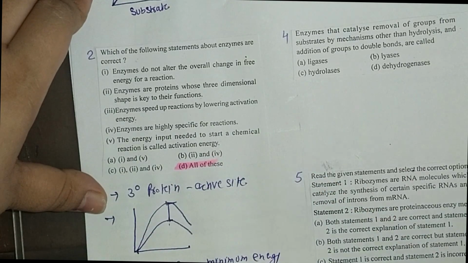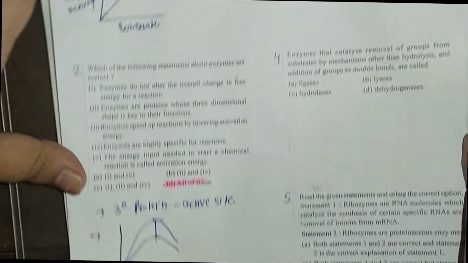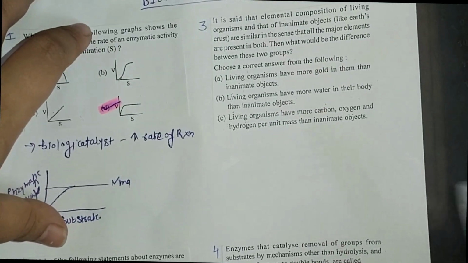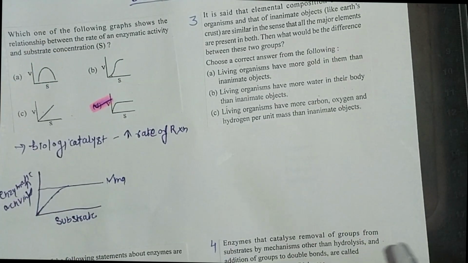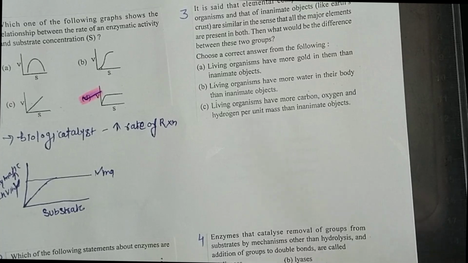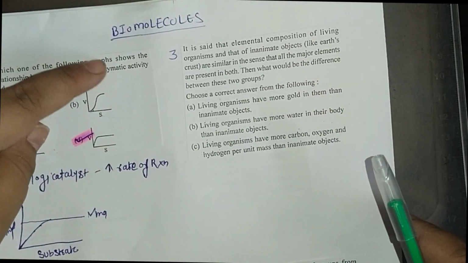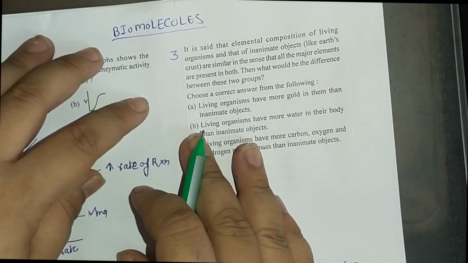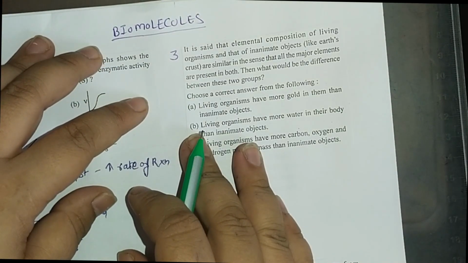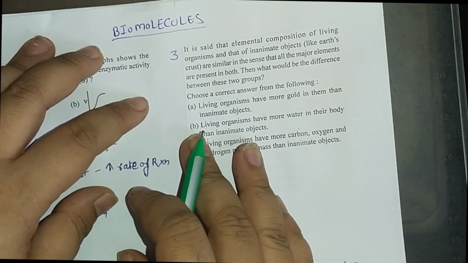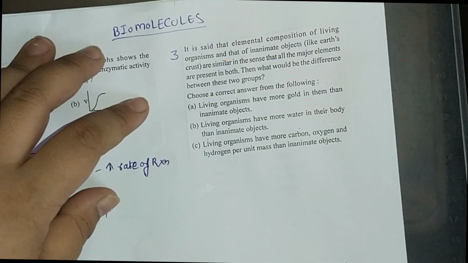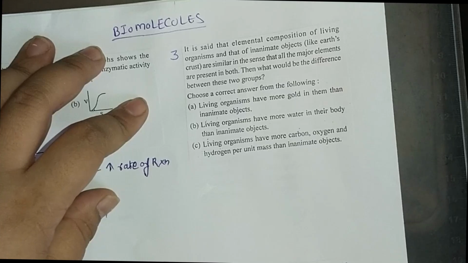Next question. It is said that the elemental composition of organisms and inanimate objects, meaning non-living objects, on the earth's crust are similar in the sense that all the major elements, like carbon and hydrogen, are present in both. Then what will be the difference between these two?